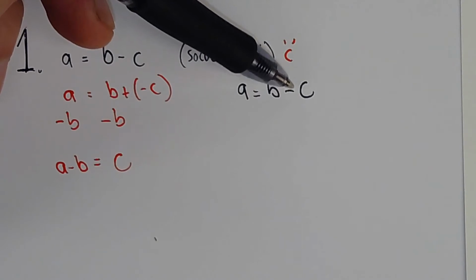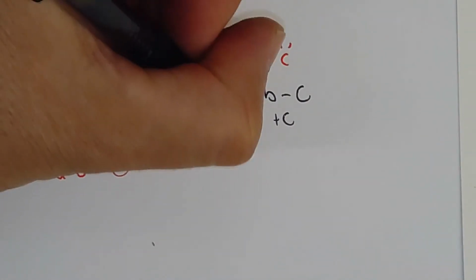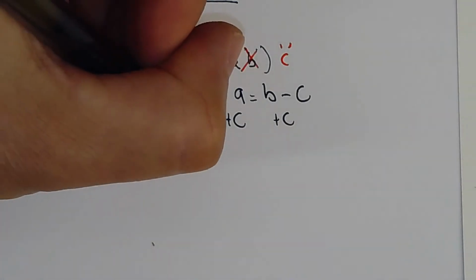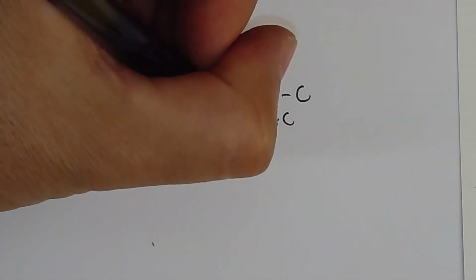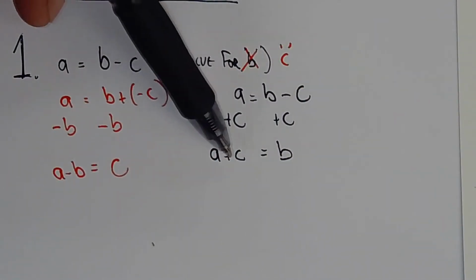What I might do to begin with is I might actually just add C to both sides. Now, if I add C to both sides, your first response will be, well, Transparent Physics, that really didn't help out as well because we still have A plus C and we have B. So we haven't gotten C by itself.